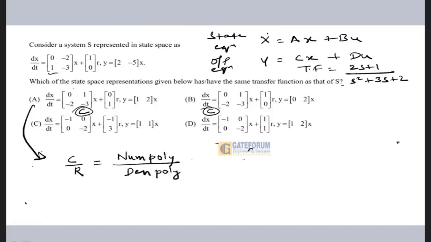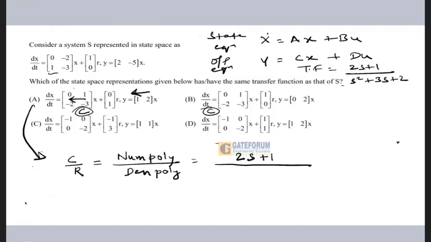Numerator polynomial will be given by C. You have to go in this fashion and without sign change. So 2 of s plus 1, divided by the denominator polynomial. You have to go in the opposite fashion, but with sign change.